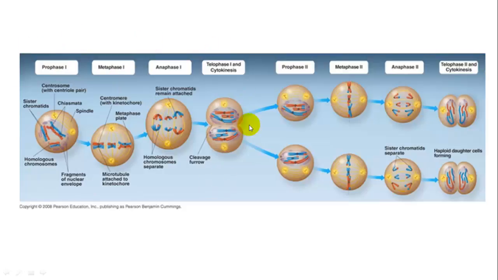So here's meiosis 1: prophase, metaphase, anaphase, and telophase. These are very similar to mitosis, with some differences in how the chromosomes line up, and we'll talk about those in class briefly. In meiosis 2, you then end up at the end with 4 total haploid cells from one cell in the beginning.